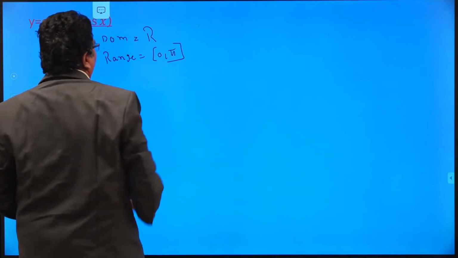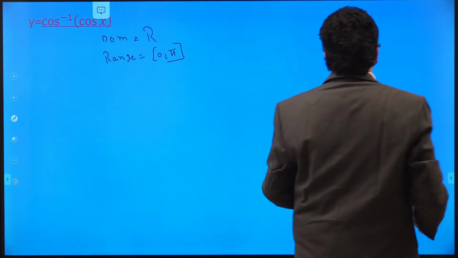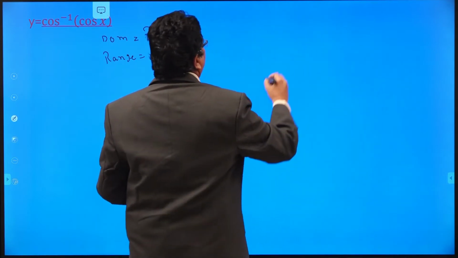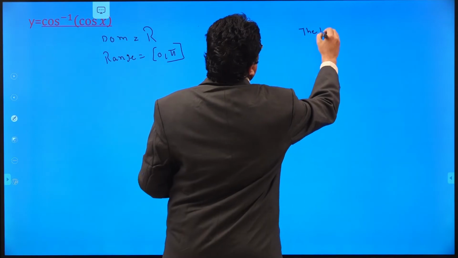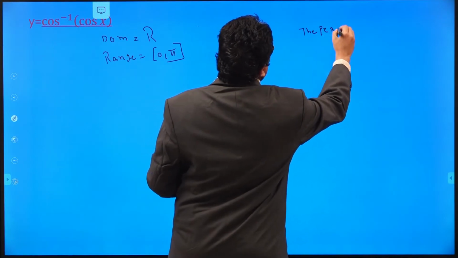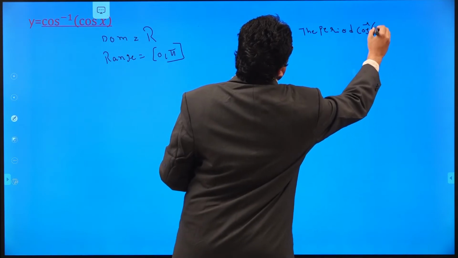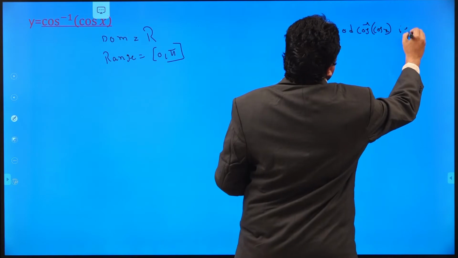The period of cos inverse of cos x is 2 pi.